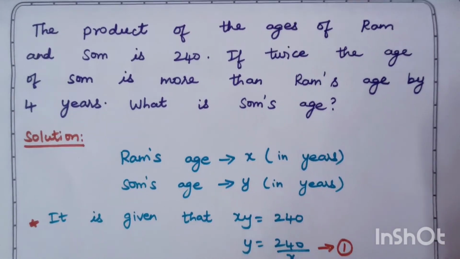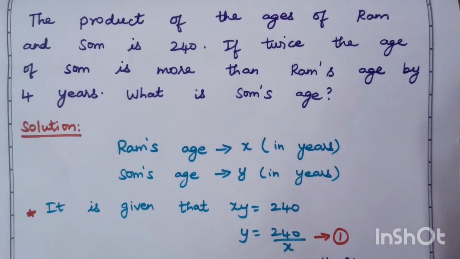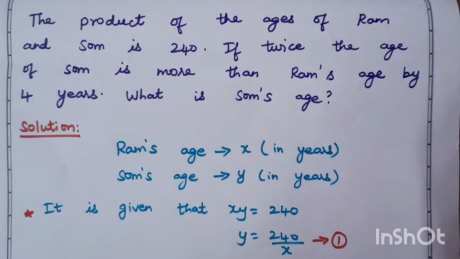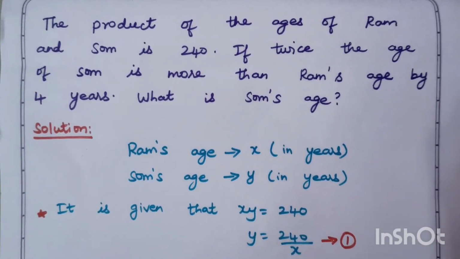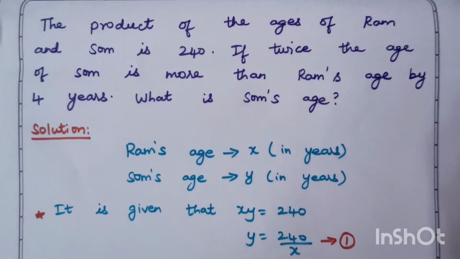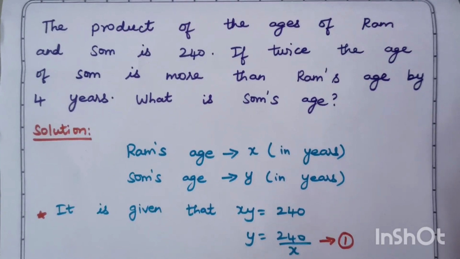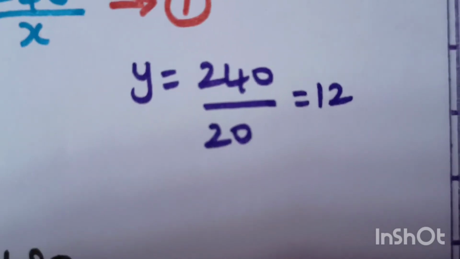So already we know that y is equal to 240 by x from the first equation. So what we get? y is equal to 240 by 20 because we already found x is equal to 20. That is Ram's age is 20. So y is equal to 240 by 20. So we get 12 years. At last we found Som's age.